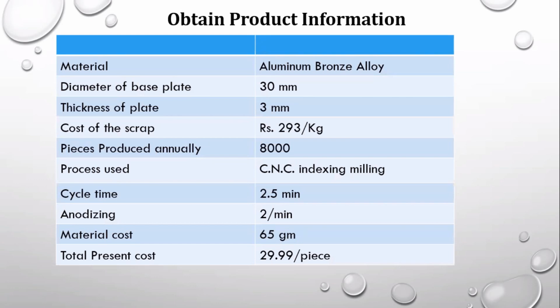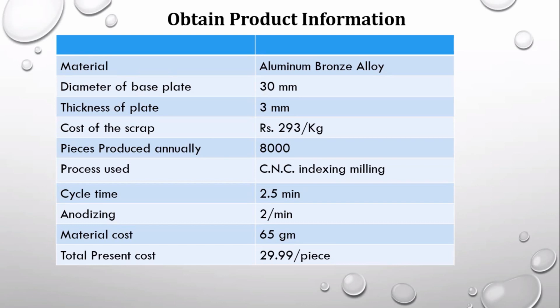Okay. Right. And product information. The material used is aluminium bronze alloy, diameter 30, thickness, cost, pieces produced annually, process used, cycle time, anodizing, material costs, and so on. So these are all the possible information related to the given product.